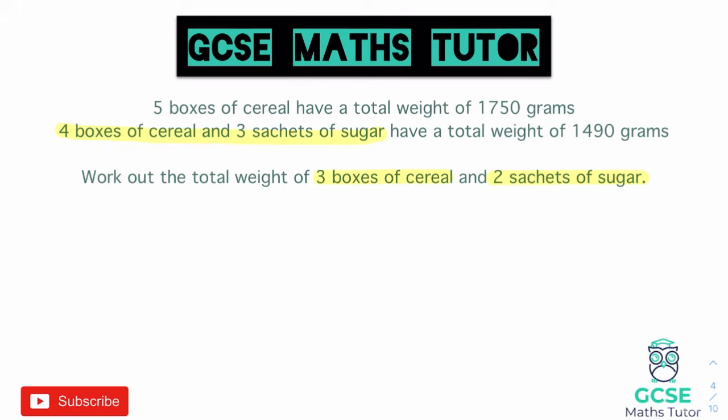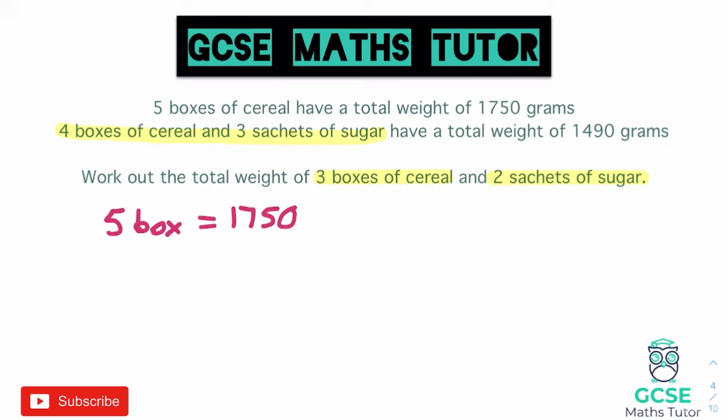So we need to figure out one of them first, and let's have a think about which one we can work out straight away. Because that first line just says about one of the variables, it just says 5 boxes of cereal have a total weight of 1,750. So we can work out one of the boxes by dividing that by 5. We've got 5 boxes is equal to 1,750.